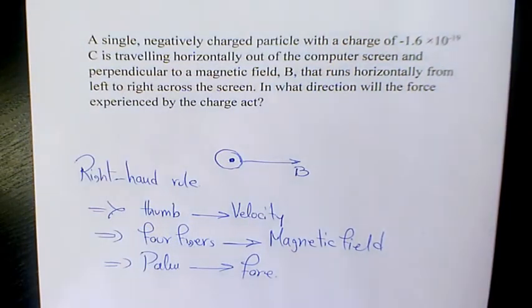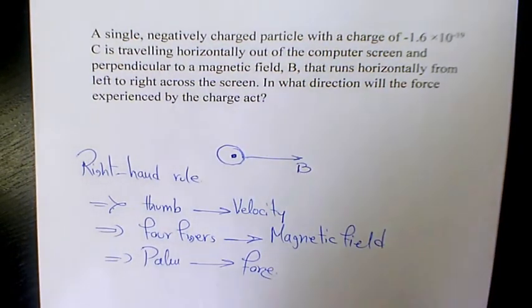So if we do it in such a way that we keep the thumb in velocity direction, B in 4 fingers, palm is gonna go up.